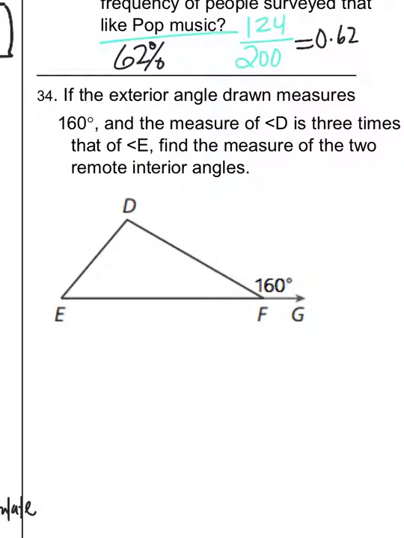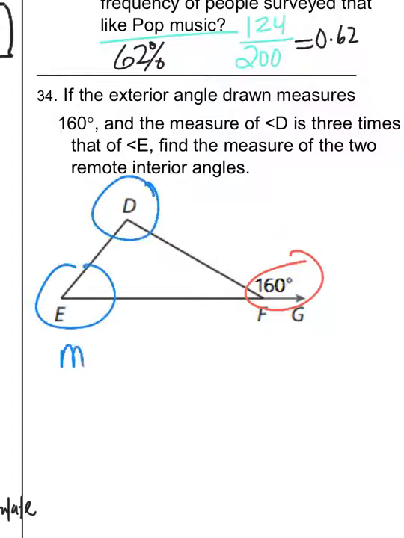Number 34 is another exterior angles theorem problem. We have the exterior angle, which is 160 degrees, and we need to add angle D and angle E together. So the measurement of angle E plus the measurement of angle D equals 160 degrees.